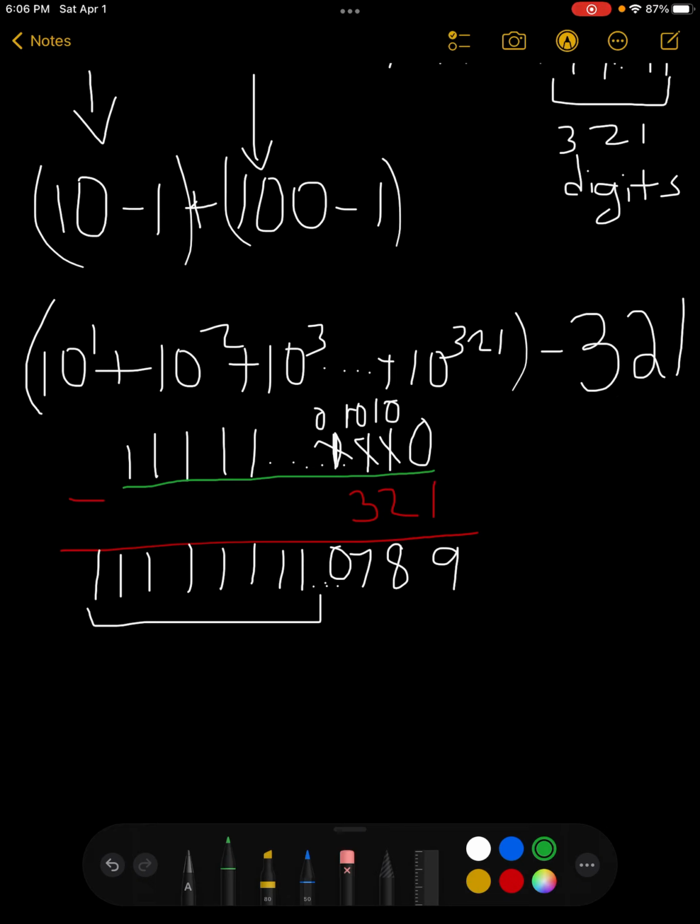The second digit represents 10 to the 320th power, and so on until the last one represents 10 to the first power. So we have 321 ones in this number that is underlined in green. But we also have a 0 at the end. So in total, this number has 322 digits.